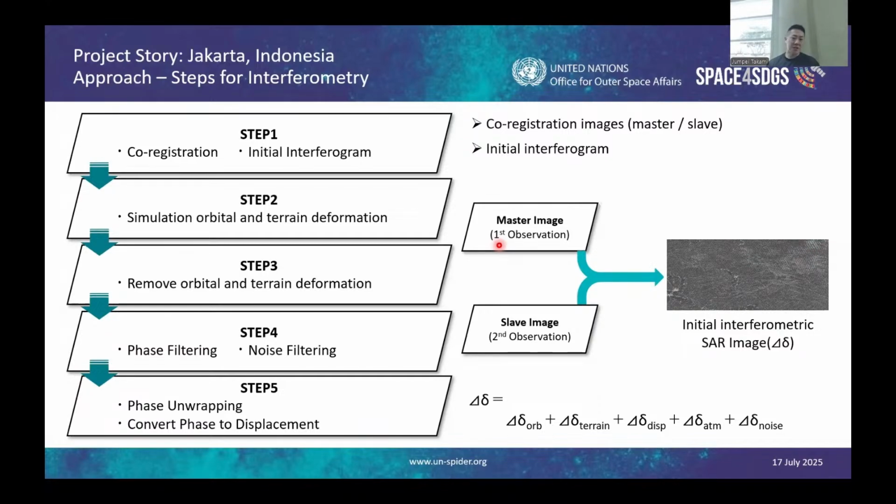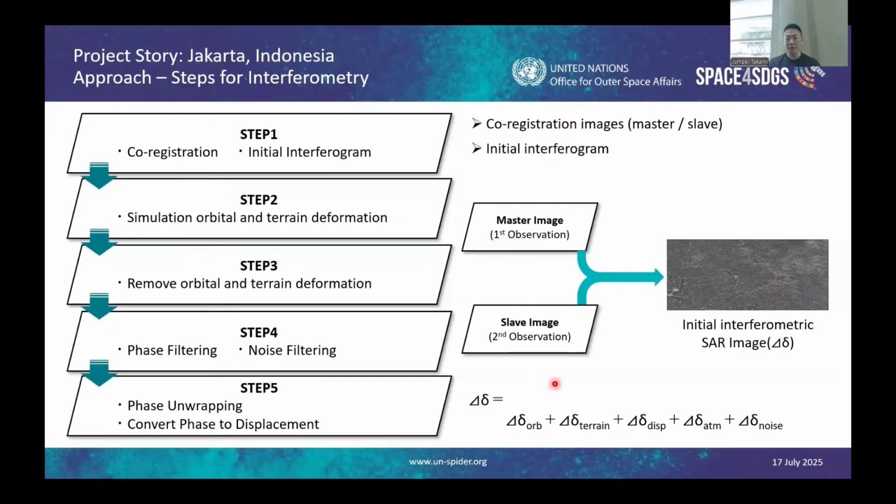I think you've already learned these steps from the prior training, but we should, of course, decide which image and which date could be the difference images, and also which images are our slave images.